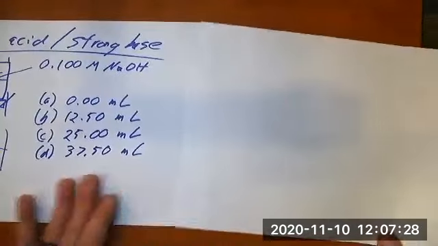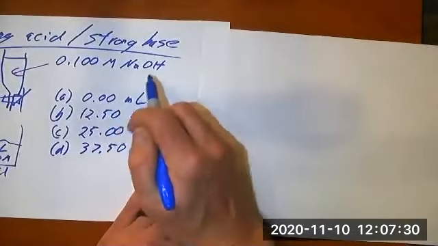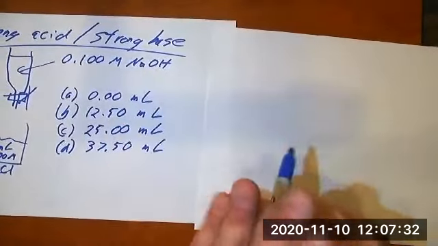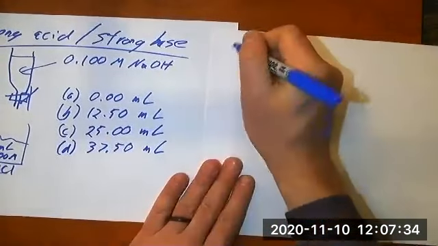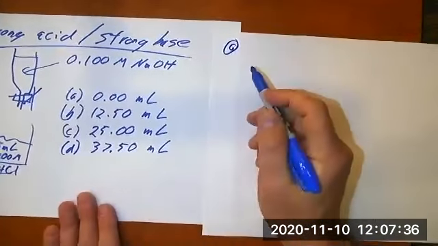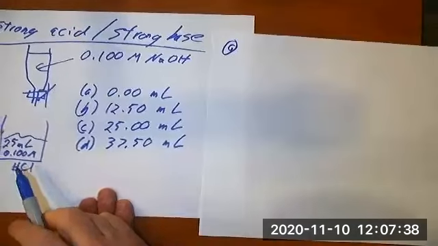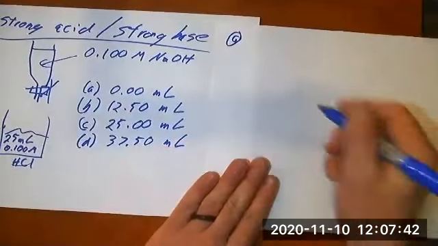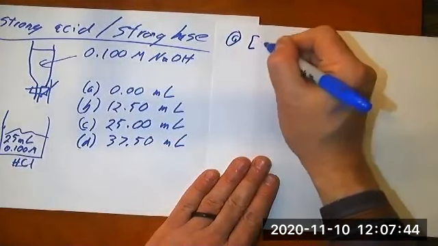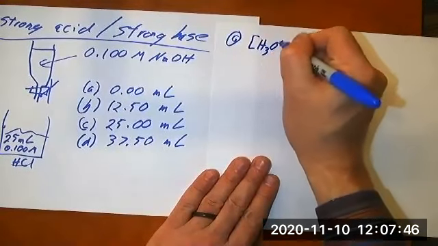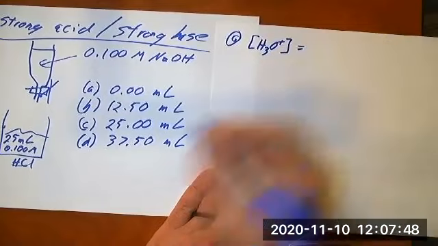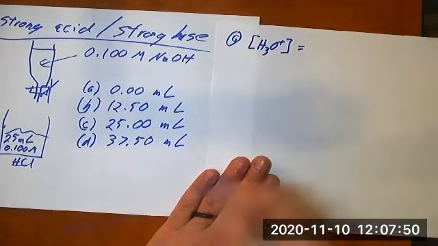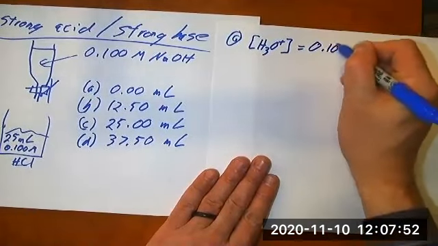So for the first data point where no sodium hydroxide is added, this calculation of our pH is extremely straightforward because we're just dealing with 0.1 molar HCl, and that's all it is. So that means that our concentration of the hydronium ion itself, because hydrochloric acid is a strong acid, is 0.1 molar.